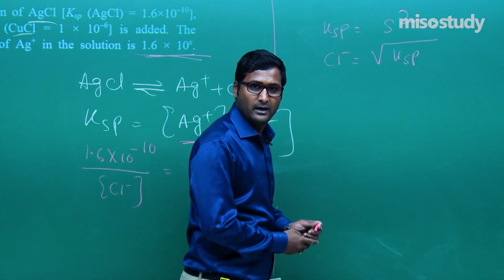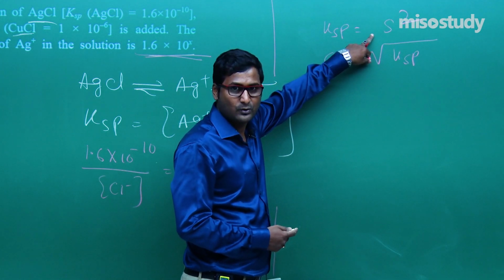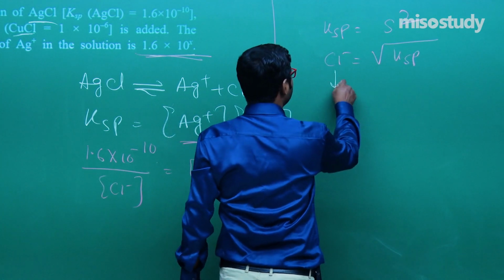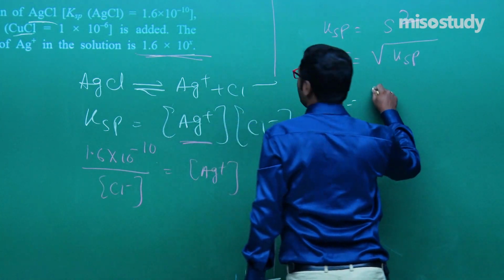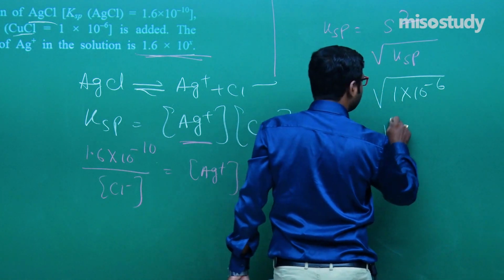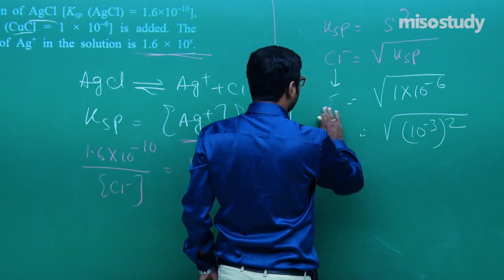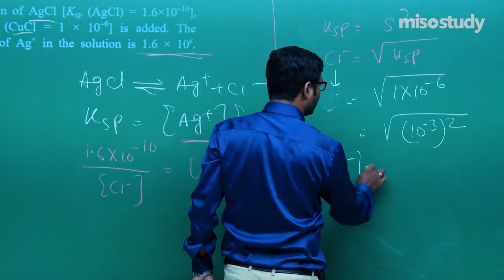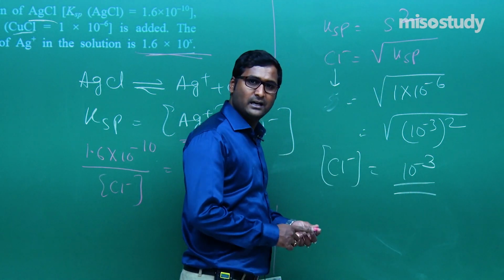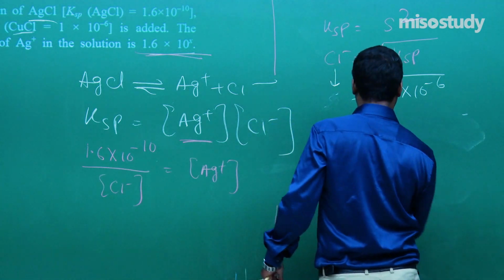Remember this formula, or do I need to explain this again? S into S, that is S squared, 2 ions. So S is equal to root under Ksp, and this is the solubility. Now 1 into 10 to the power minus 6, or it can be written as 10 to the power minus 3, whole squared. So the Cl- ion concentration will be equal to 10 to the power minus 3. Clear? Now put this value in this expression and you will get the answer.